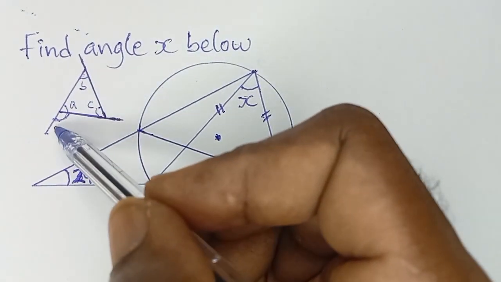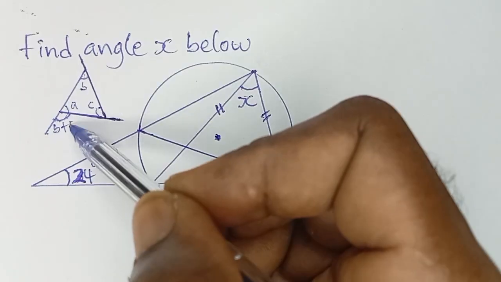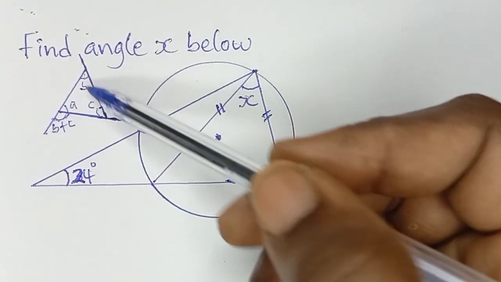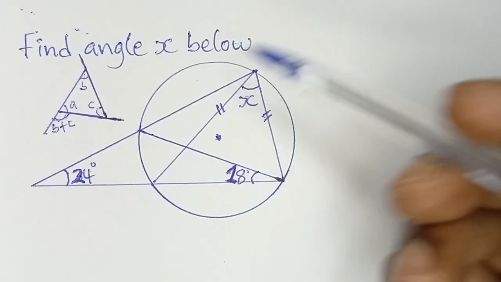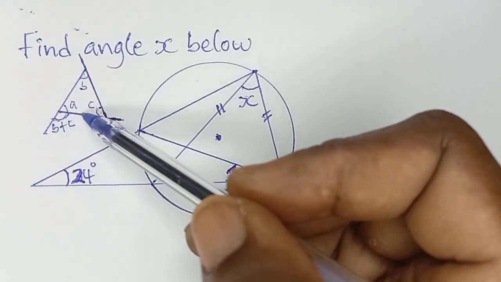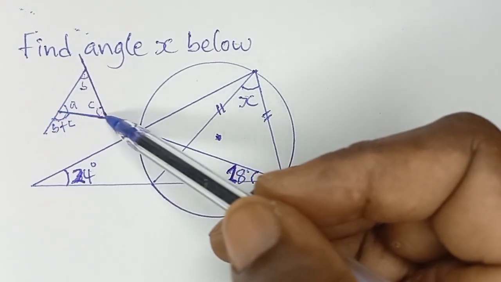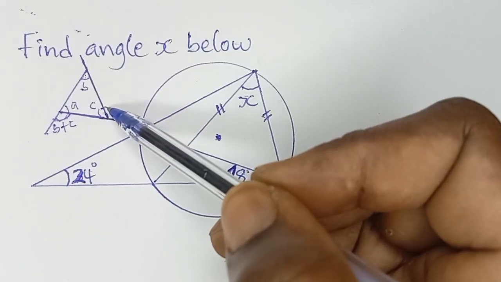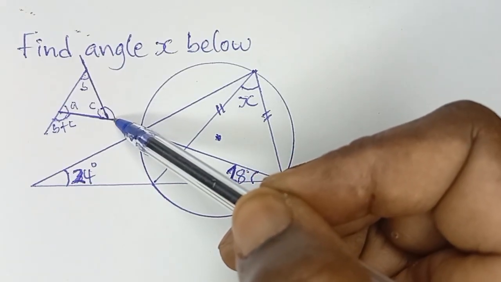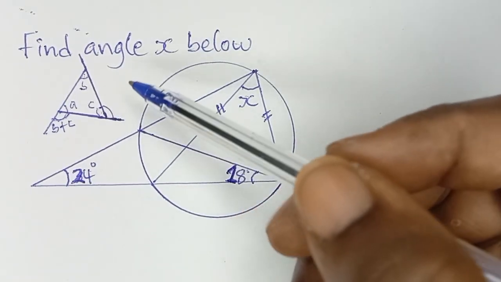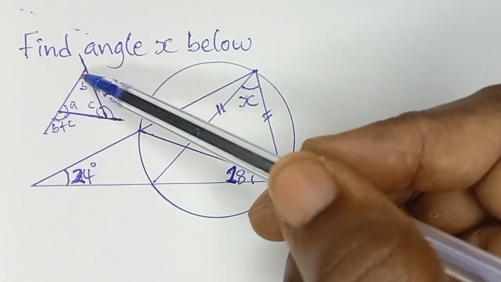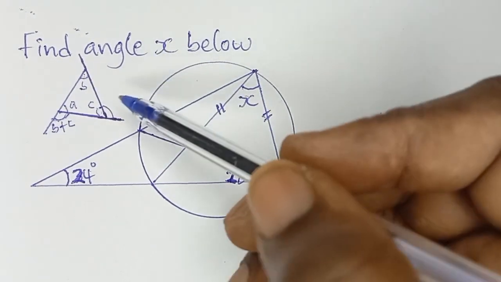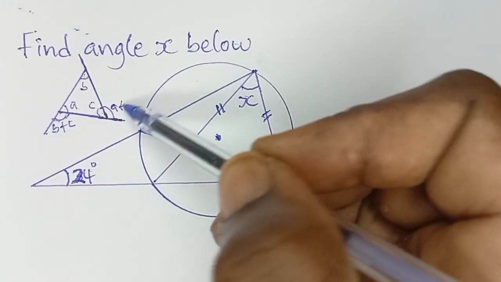So that means this angle will be B plus C. That is the sum of the two opposite interior angles. Now, similarly, if I have this line of the triangle extended outward to form this exterior angle, then this exterior angle will be the sum of the two opposite interior angles. So that means this angle here will be A plus B.